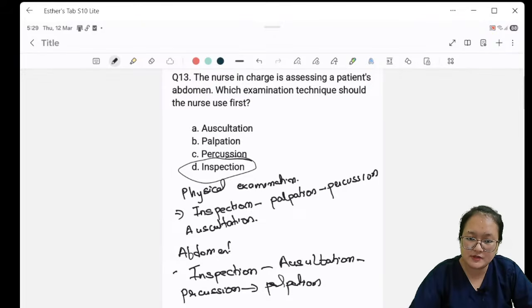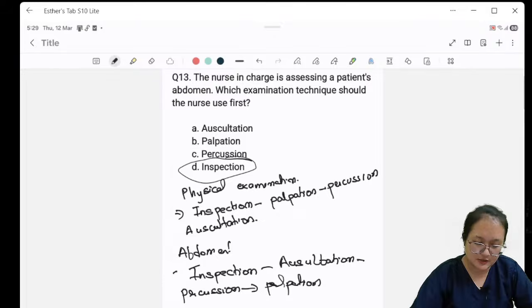The main reason is that if the nurse does palpation or percussion first, there can be an increase in peristalsis, and a change in the frequency and pitch of the bowel sounds, so extra sounds can come out. So in abdomen examination, it should always be inspection, auscultation, percussion, and palpation.